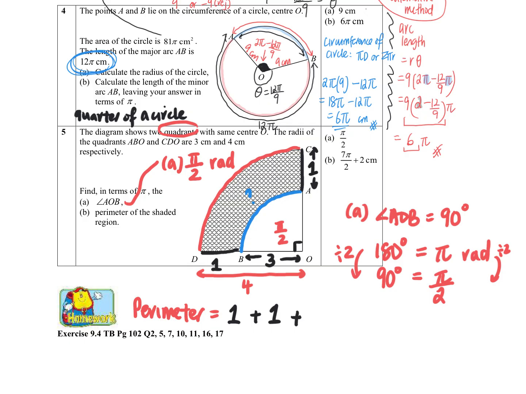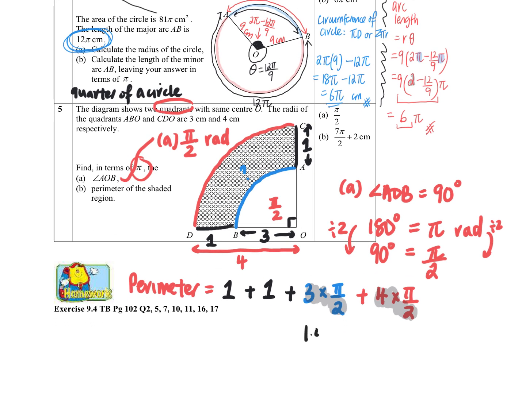R times theta. So my radius is 3, times the theta, pi over 2. Then the last one is the same thing, r theta, so 4 times pi over 2. They say leave your answer in terms of pi, which means ignore the pi you see. Just key in the calculator for this and this.